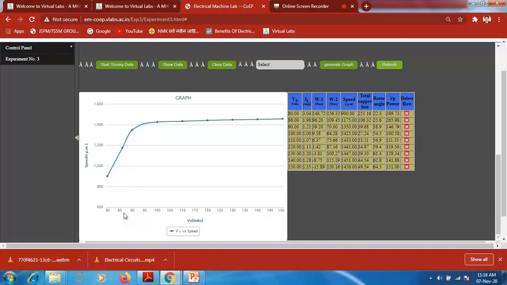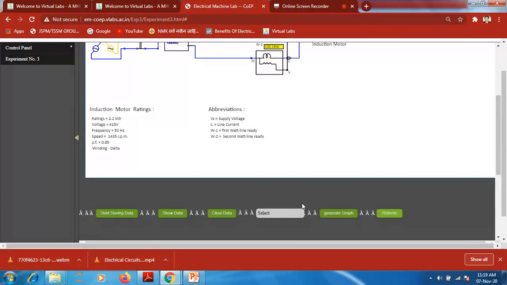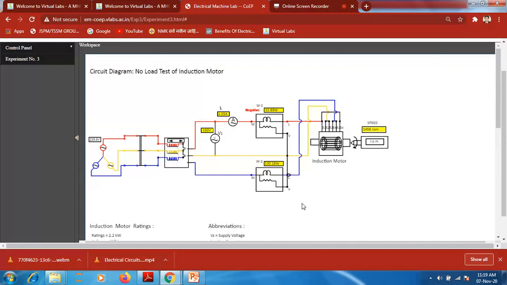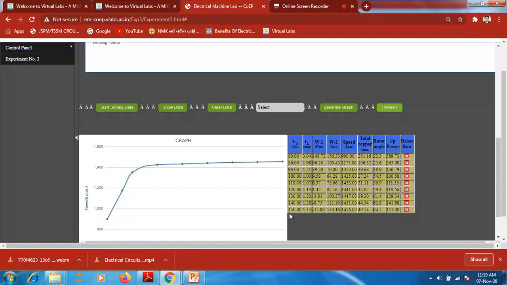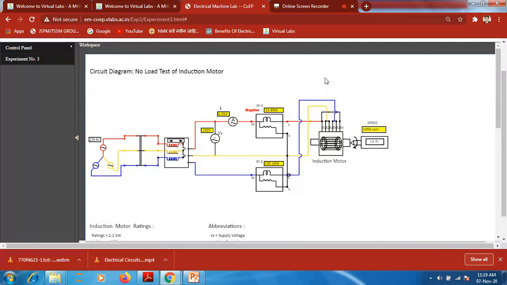So as the voltage is increased over here from 80 to 85, 85 to 90, 90 to 95, 95 to 100, the speed of your induction motor is going to increase. So in this way we predict that as the voltage of the three-phase induction motor is increased beyond the rated voltage, the speed of the motor also increases whenever there is no load connected at the output side.